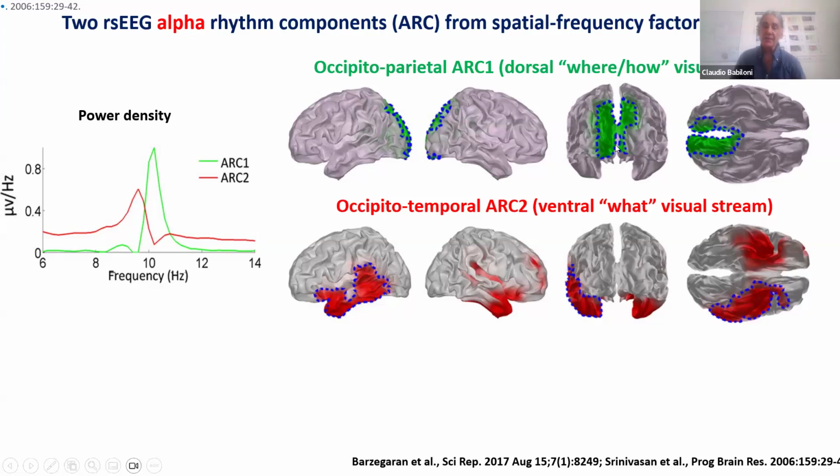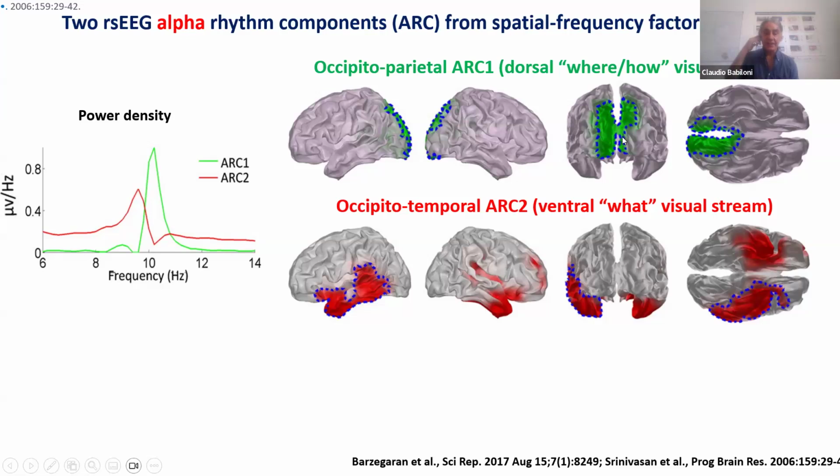The green areas are localized in the so-called dorsal visual stream, which is mainly parietal and occipital in the dorsal part of the cerebral cortex, and are typically related to visual spatial information processing and planning of reaching movements.